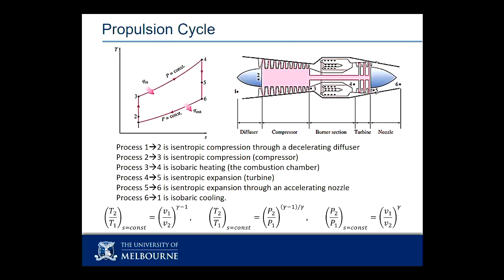This last row of equations, if you've already seen the equation sheet I give to you in the exams, you need to know when and how to use them. On an isentropic process for an ideal gas, these all work.